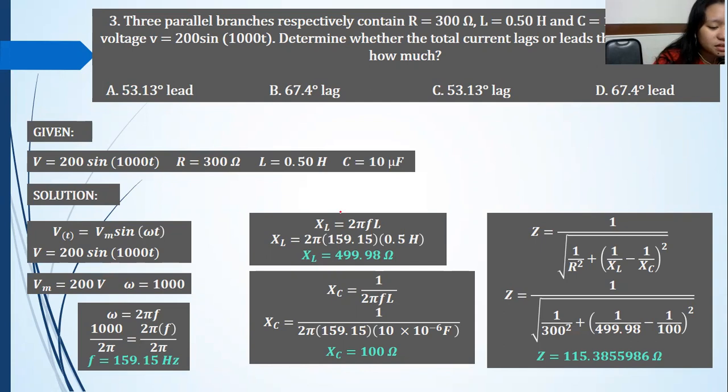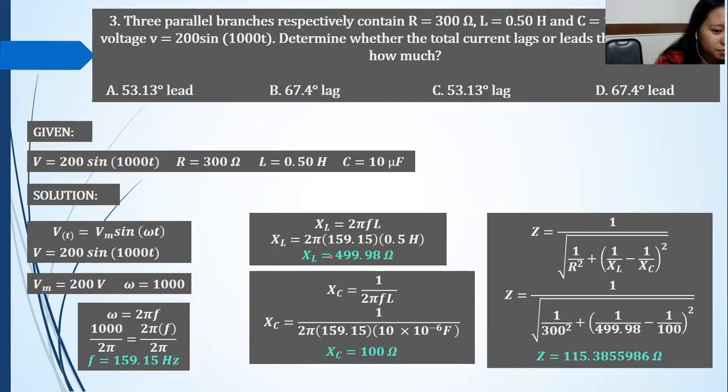So next, let's identify our XL. The formula for our XL is equal to 2 pi f times the L. Since we already have the given values, we'll just substitute. So we have here 2 pi times the f, which is 159.15 hertz, and the L is 0.5 hertz.